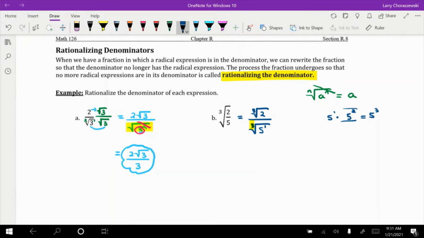Okay, so this is what we need to multiply 5 to the first by, is 5 squared. But the only way that we'd be able to multiply 5 to the first with 5 squared is if 5 squared is also in a cube root. So we're going to multiply the bottom by the cube root of 5 squared, which means we'll have to multiply the top by the cube root of 5 squared.